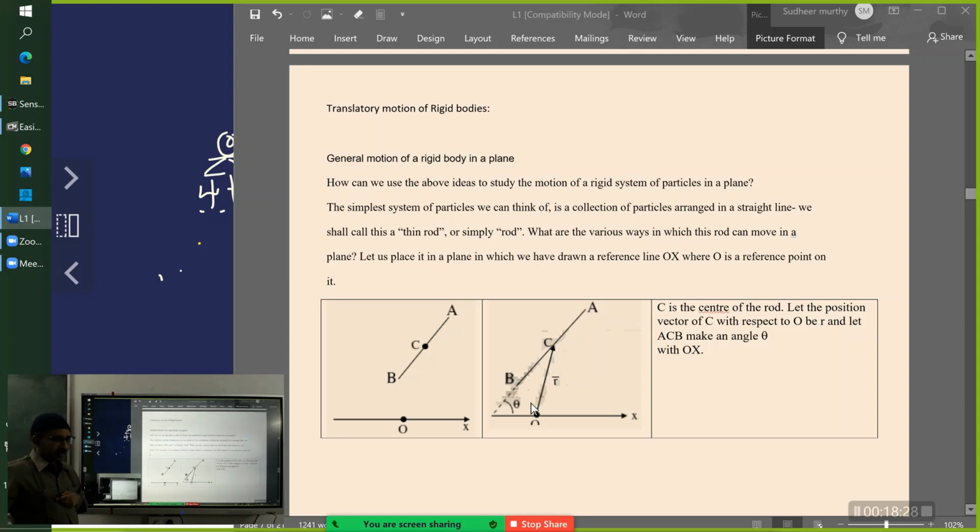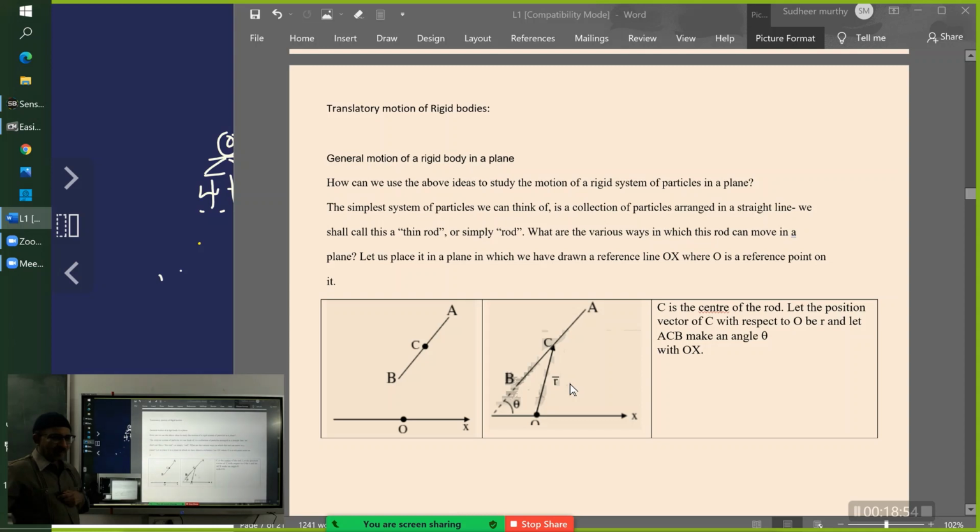That is another case. Then what type of motion is the rod performing, and with respect to which point? With respect to this reference O, it has both rotational and translational motion.